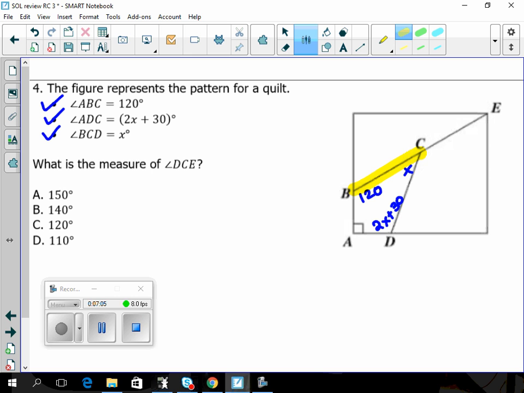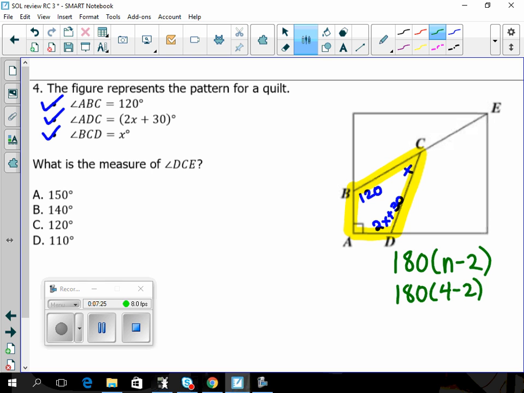So if we look at this little portion where all the angles are filled in, I have a quadrilateral, a 4-sided figure. And the sum inside any polygon is 180 times n minus 2. When I plug in a 4, I get 180 times 2, which is 360, which means all of the angles on the inside need to be 360.